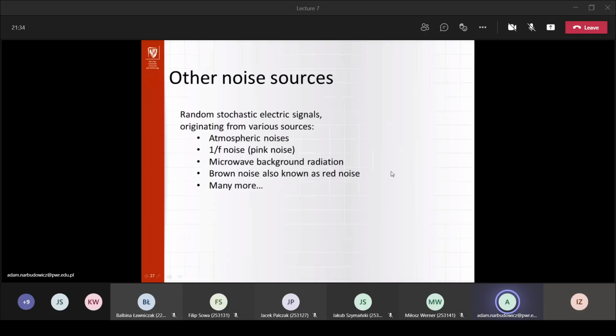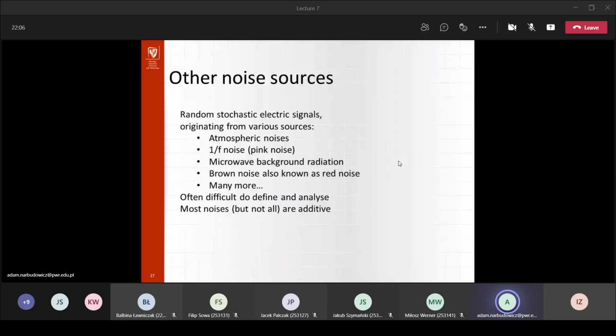There's the microwave background radiation, which is basically a radio signal that is still an echo from the Big Bang, from a time very close to the beginning of the universe, and we can actually still see that or hear that, and many more. Some of them can be difficult to analyze, and most of the noises are additive.